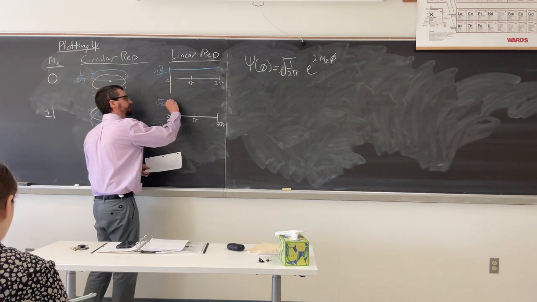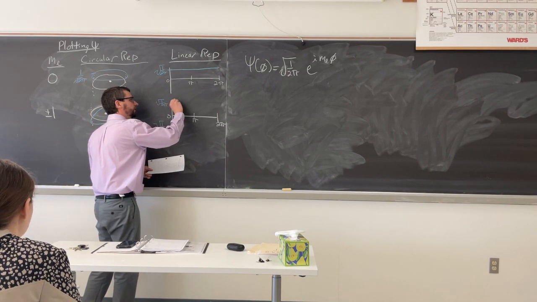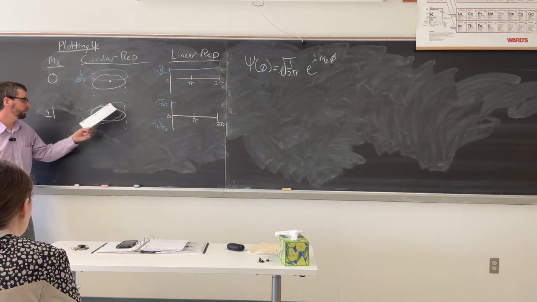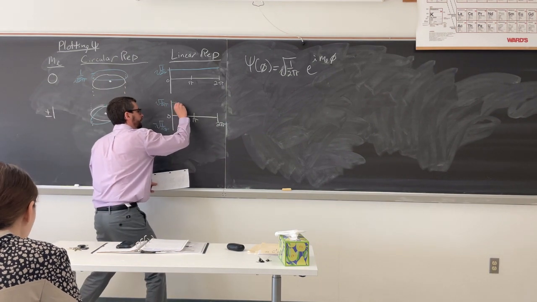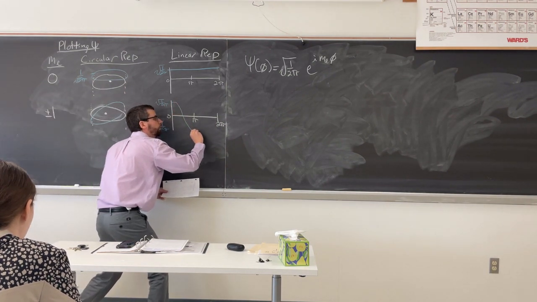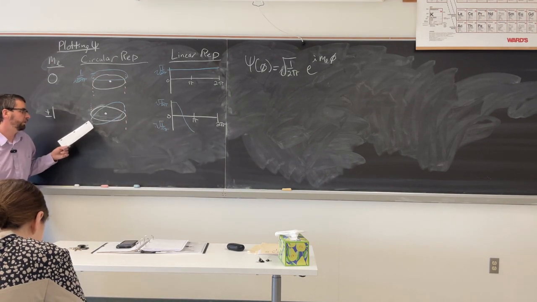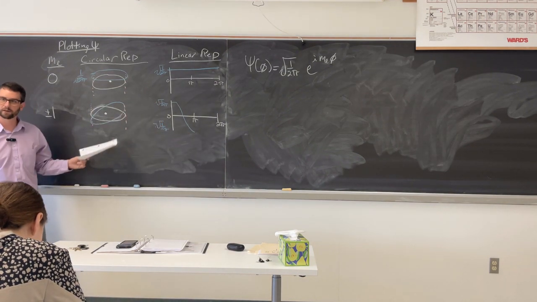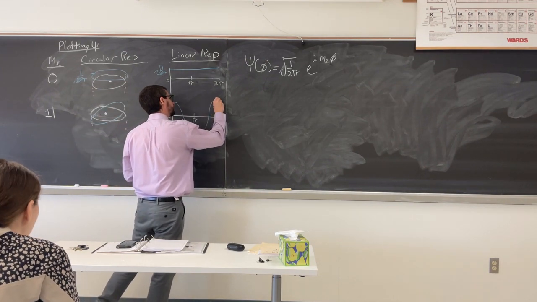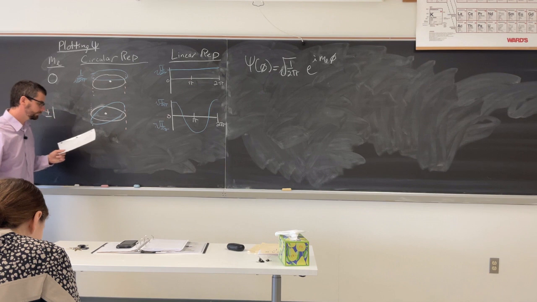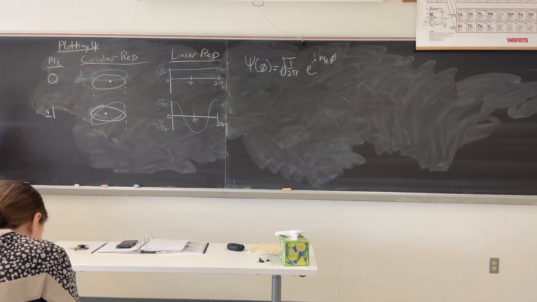Yep, at 0 we're at a maximum, and it starts to shift which way as we move to pi? Down, yep. And then what happens as we go from pi back to 2 pi? Yep. Okay.